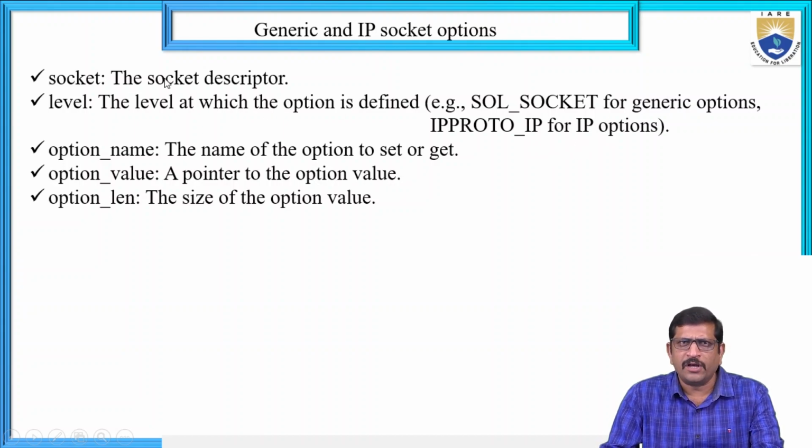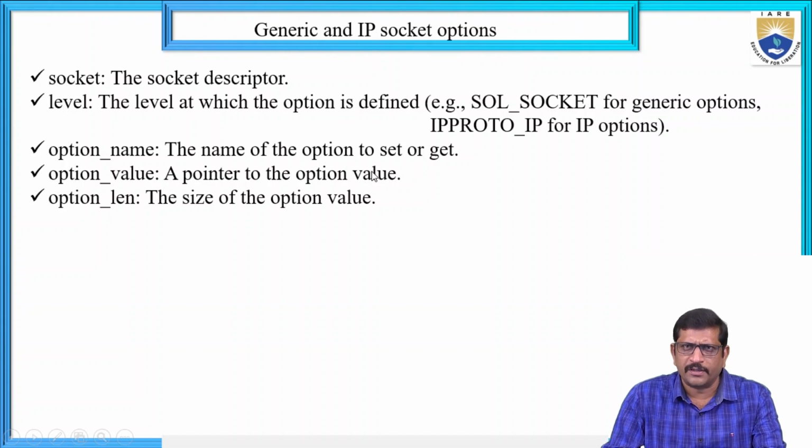Here is the option name, which describes the name of the socket option to set or get. That means setsockopt or getsockopt, which is describing the name of the option.